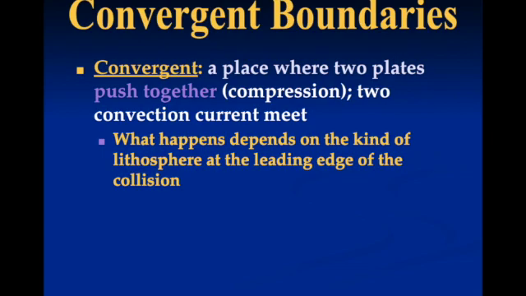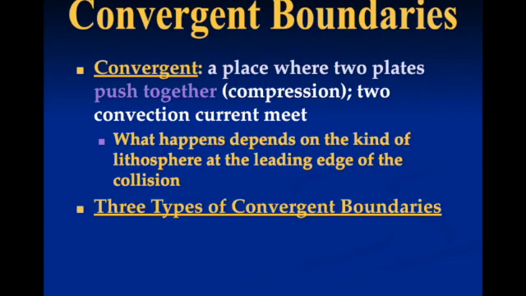So two plates collide, and remember there's two types of crust, continental and oceanic. Depending on what's colliding creates different effects. That's where kids usually struggle, because there are different things they need to remember that occur at each of these different boundaries. Because there are two different types of crust, that leads to three different possibilities for convergent boundaries.